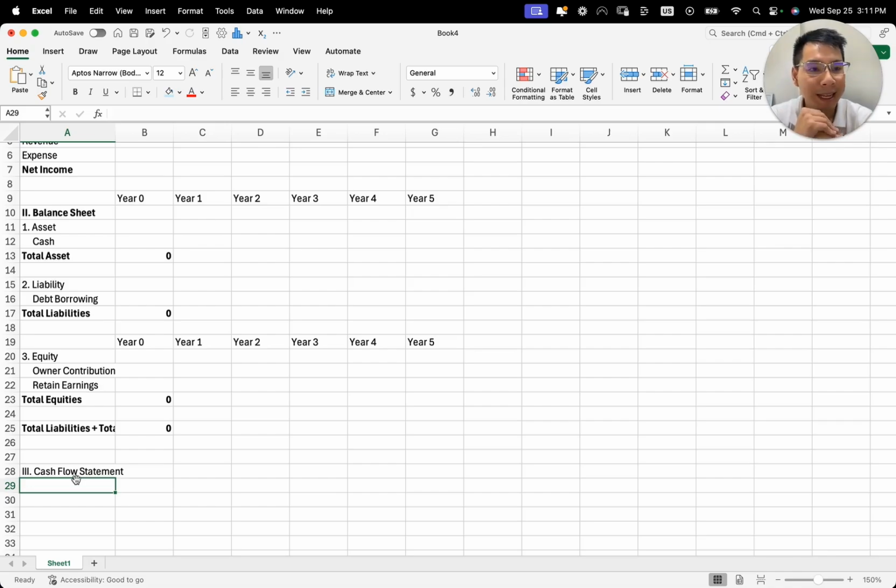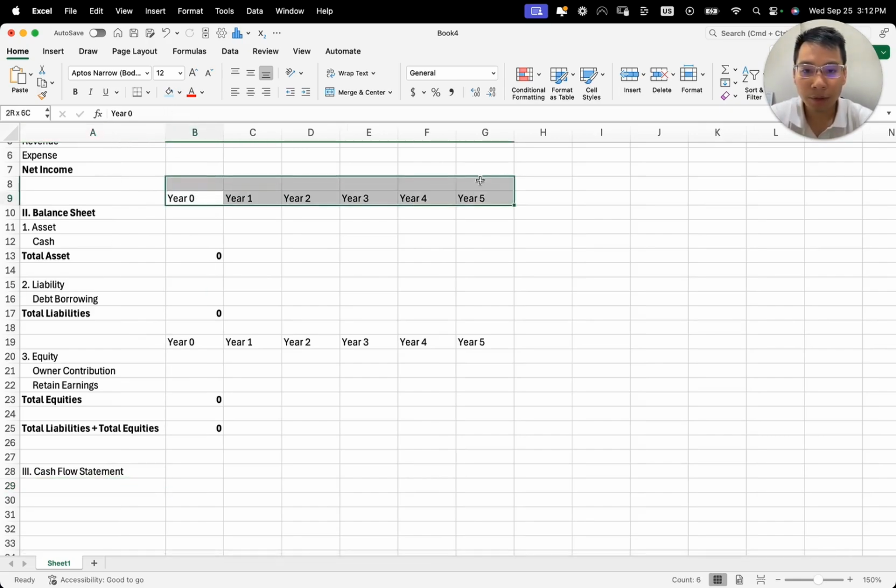Sometimes net income doesn't tell you 100% that the cash is actually flowing in or out, because a customer can promise to pay you but haven't actually given you the cash yet, and you still record the revenue because you made the sale already. The cash flow statement is a much better metric to measure the cash actually generated, that the customer pays you or you pay out to vendors. So that's the importance of the cash flow statement.